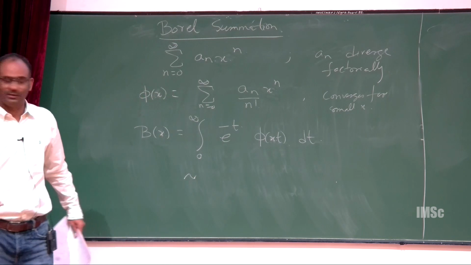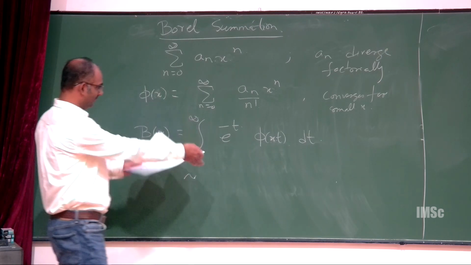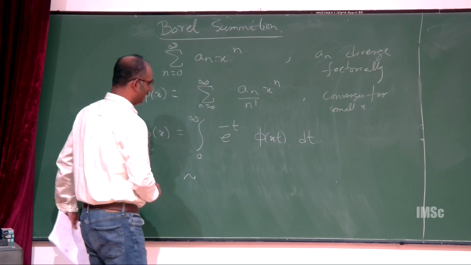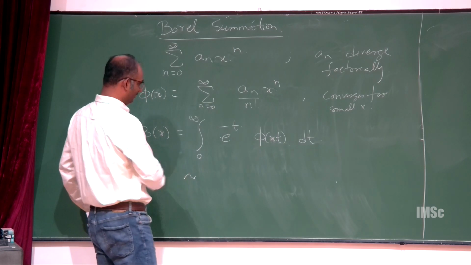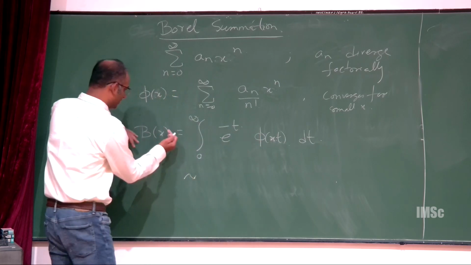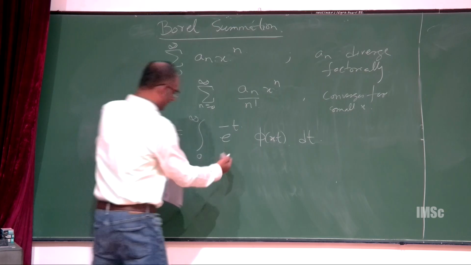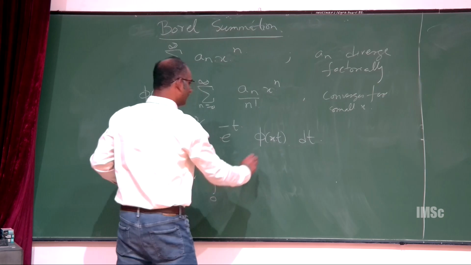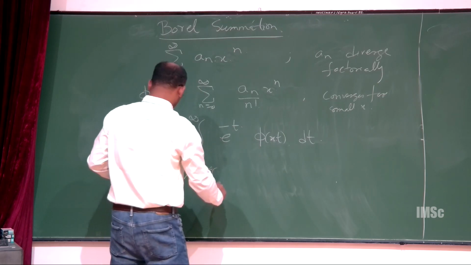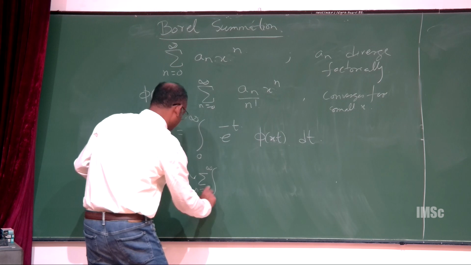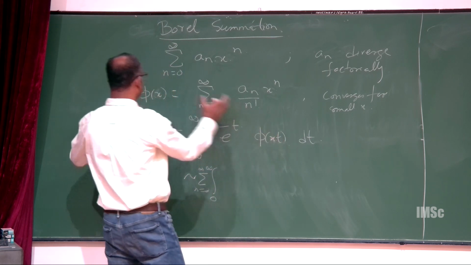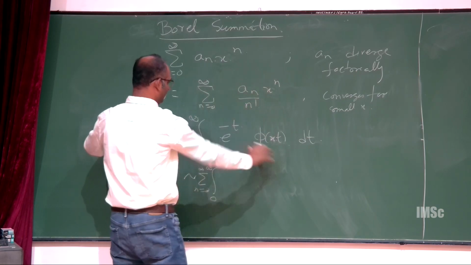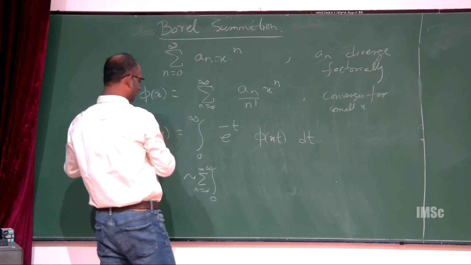I will recommend having a look at the book, but nevertheless the steps will be fine here, but if you need to convince yourself more, then you have to refer to the book. This integral is asymptotic to what I write here. I'm just substituting this expansion here. So phi of xt, I just put xt here, and take the sigma summation outside the integral. That's all I am doing.